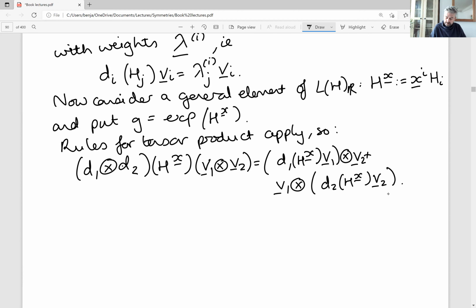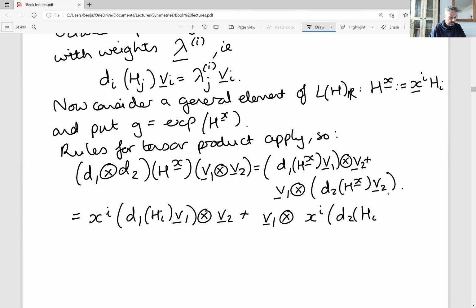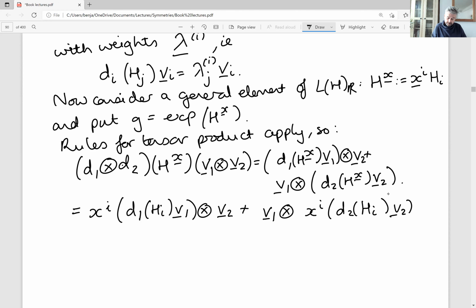All right, so we know what each of these things is from the above. So this is equal to x_i d1 H_i v1 cross v2 plus v1 cross x_i d2 H_i v2. And we know from the equation above what each of these products is in the parentheses.